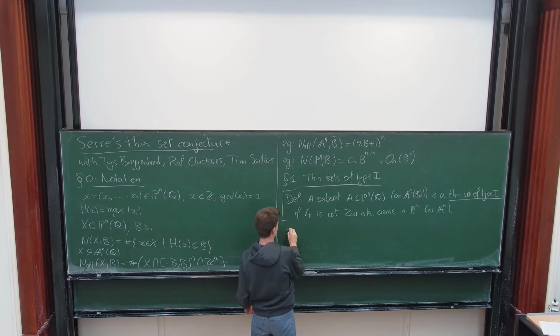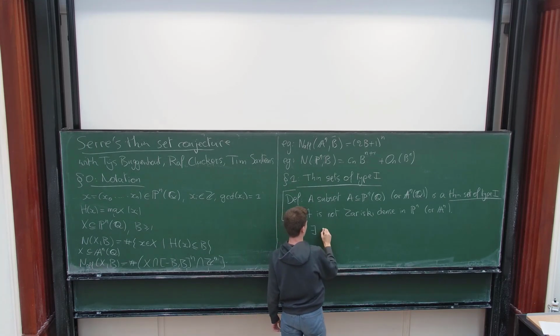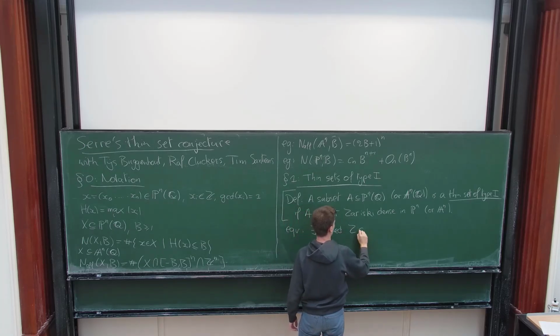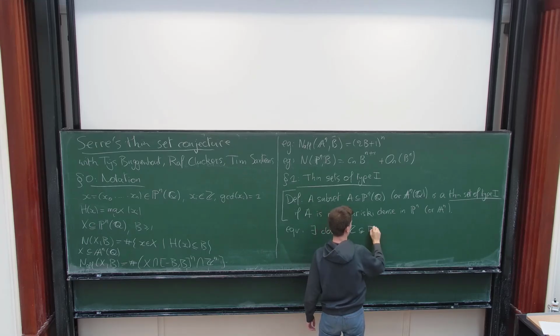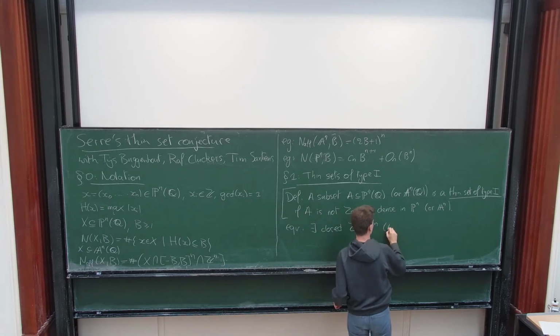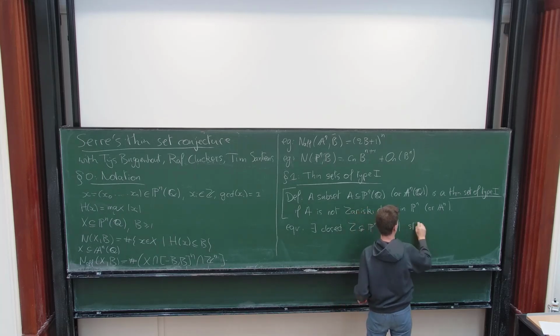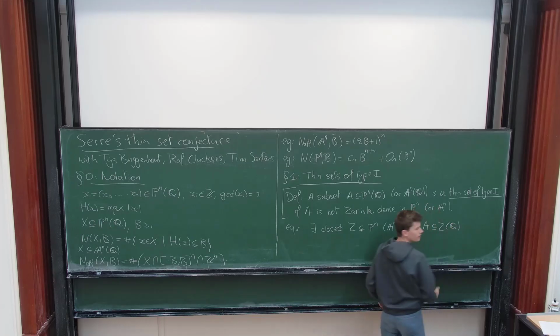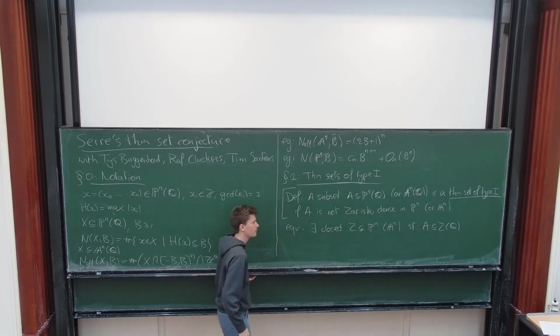Equivalently, there exists some proper closed subset Z of projective space or of affine space, such that A lies in the set of rational points of this subset Z.